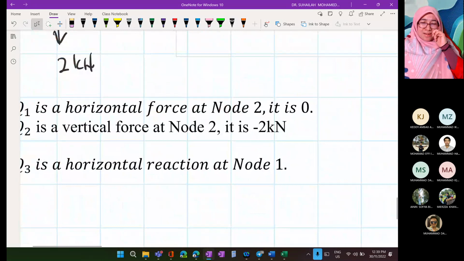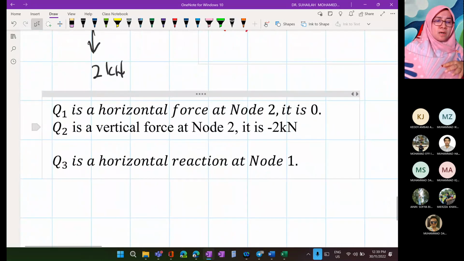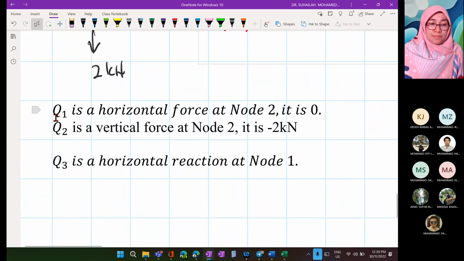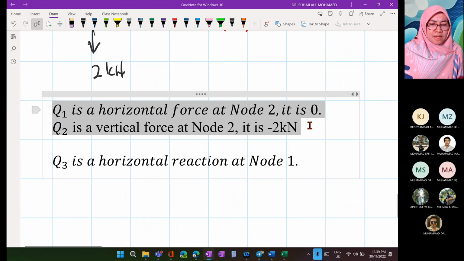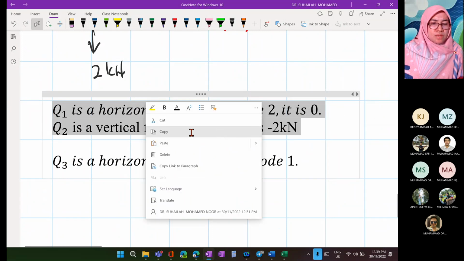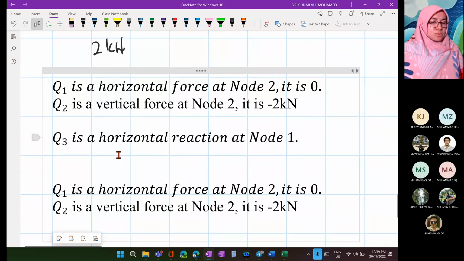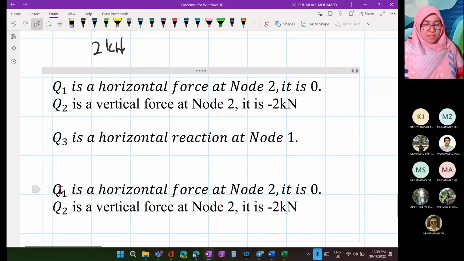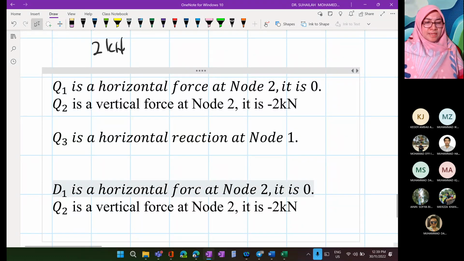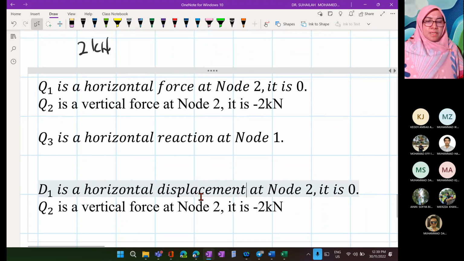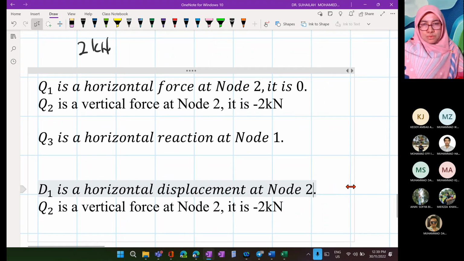D1 will be a horizontal displacement. For Q earlier, for D also the same, up to 6. So D1 is horizontal displacement at node number 2.